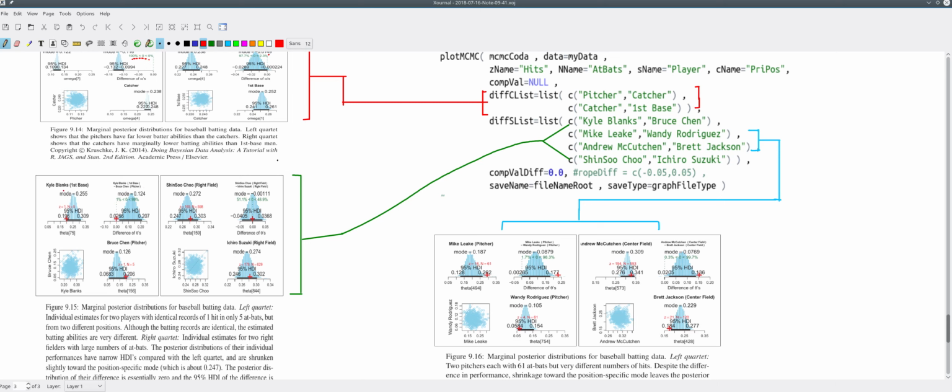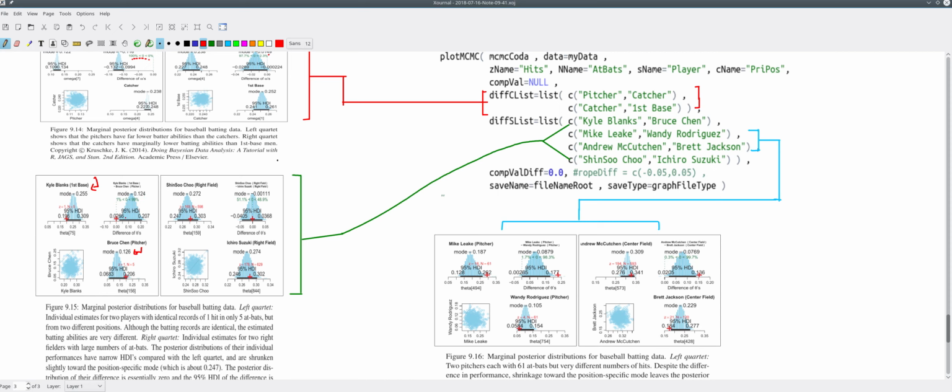So we're comparing Kyle Banks, who played at first base, with Bruce Chen, who was a pitcher. It turns out that the difference of thetas, the mode is 0.124. Kyle Banks minus Bruce Chen is positive, which means Kyle Banks is higher than Bruce Chen, and this difference is 0.124.